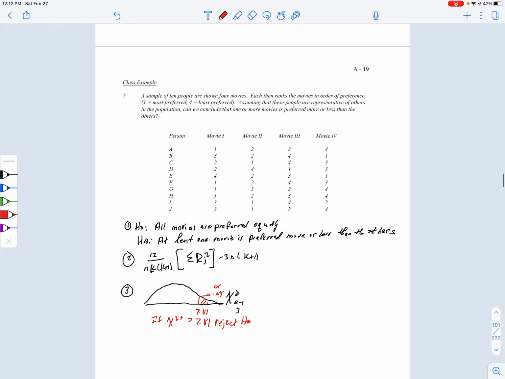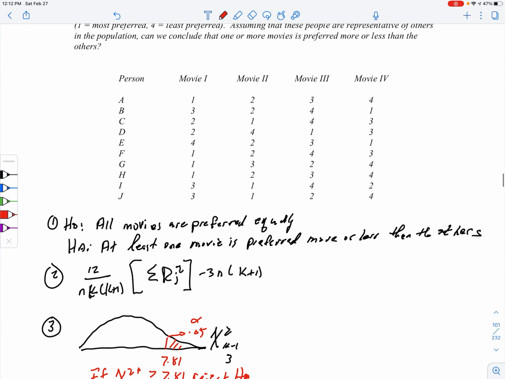All right, step number 4. What we do is we sum up the ranks. Now, it's really important, and I'm going to talk about this when we're finished this problem, that for any particular row, they sum up to k times k plus 1 divided by 2.